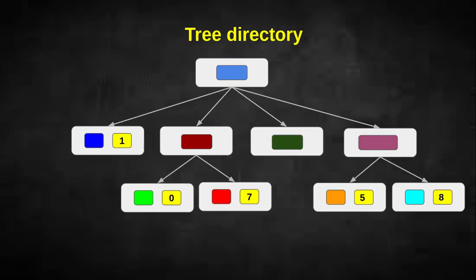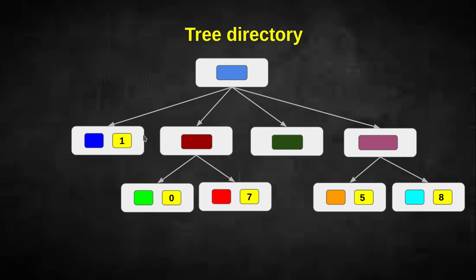Then the tree structure is a lot more complex but much more versatile. The tree structure lets you have a root directory, and then the nodes can either be a file or a directory that has children, which can either be another directory or a file.